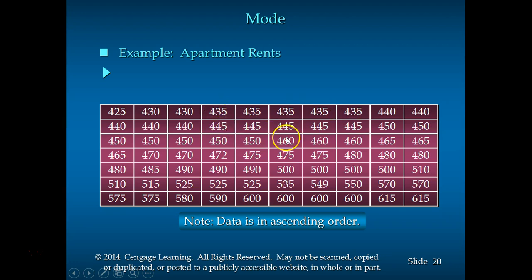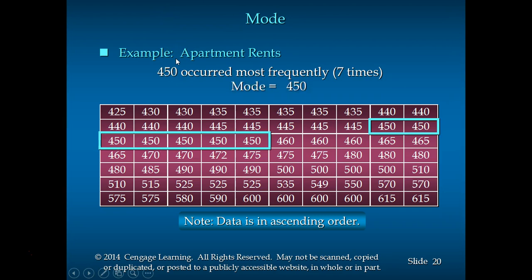So I think 445 is the most common one. Let's see. Okay, actually it's 450. That occurs 7 times. So this is the mode. The most common occurrence of the number is the mode. Okay, everybody?